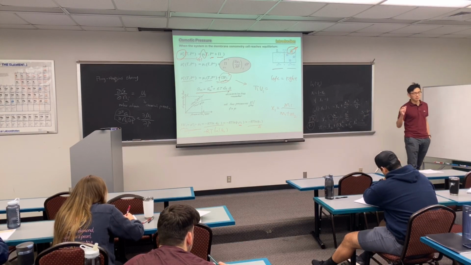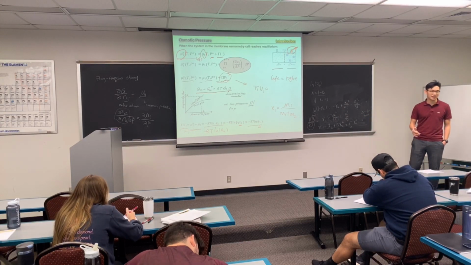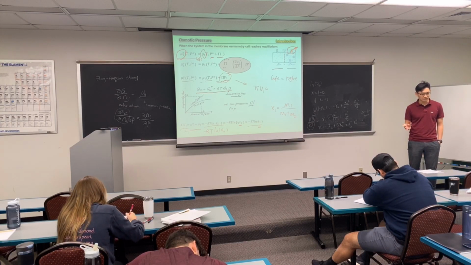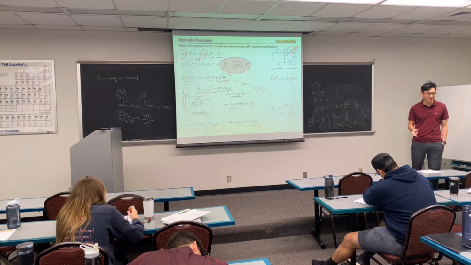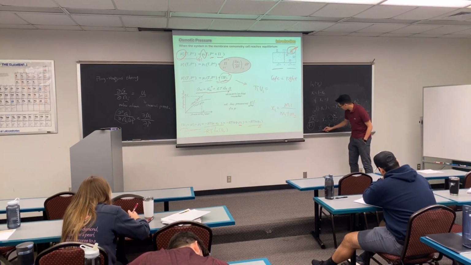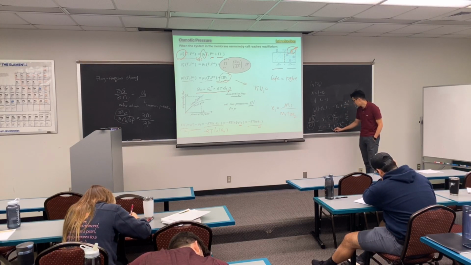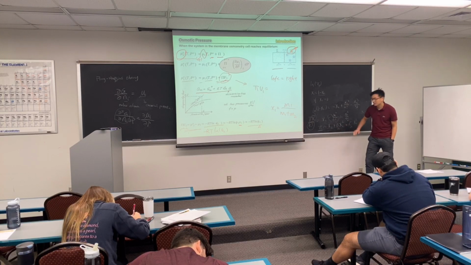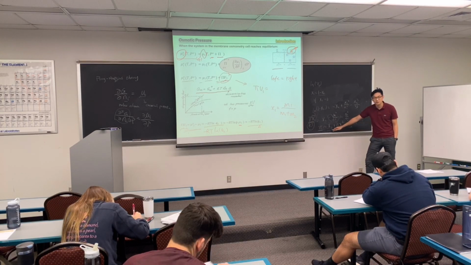When you dissolve a polymer in a solvent, you're going to have very little at low concentration. So at low concentration, your osmotic pressure depends linearly on X2.